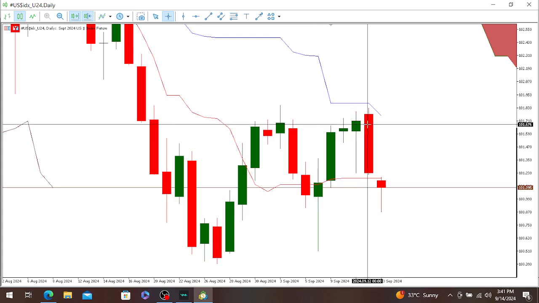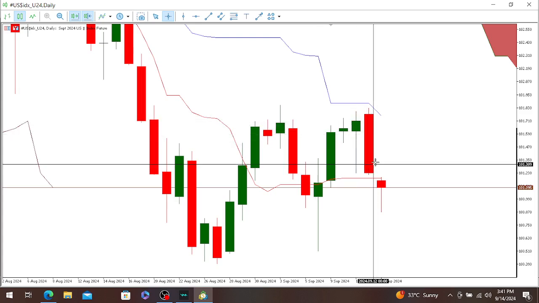Now on Thursday, this candlestick over here, price was bearish. It was a strong sell-off. You can see price covered most of the gains made on Monday, Tuesday, and Wednesday. It was a strong bearish price action.